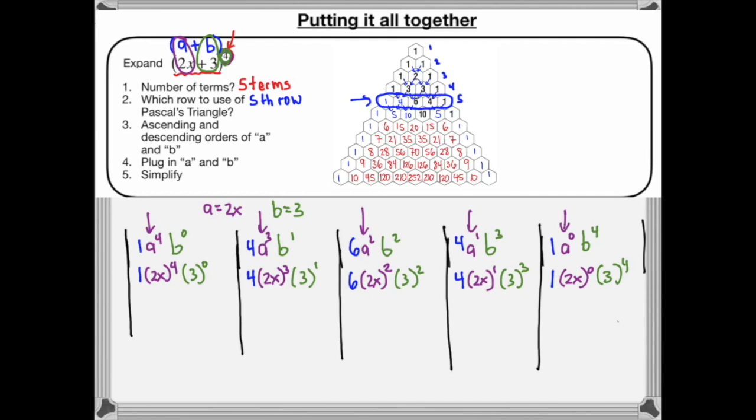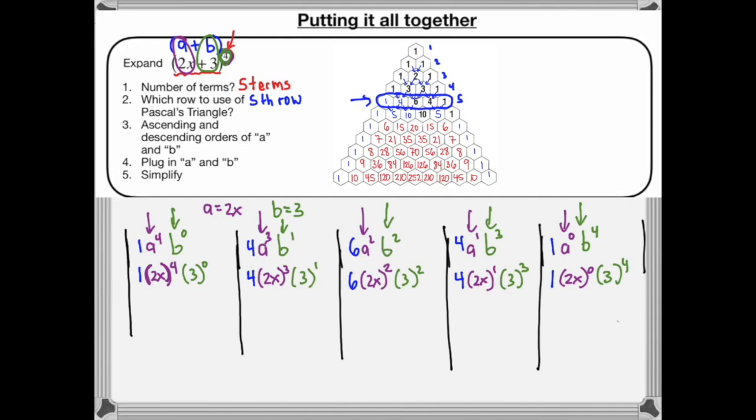And I made sure to put the parentheses around them. The parentheses on each one of those are very important because both of those are being raised to that exponential power. And likewise, I turned all the B's into just a 3 down each one of these. And now we're just going to clean things up.